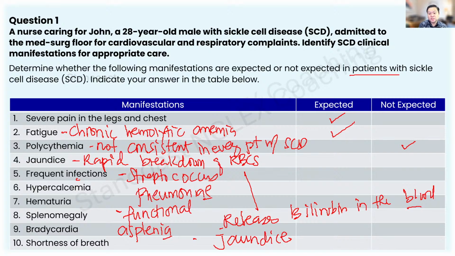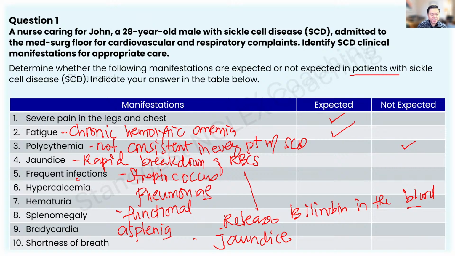This is going to predispose the patient to frequent infections. And of course, this is caused by the repeated infarctions in the spleen, because of the occlusion in the blood supply to the spleen. And so the patient will end up with common Streptococcus pneumoniae infection.